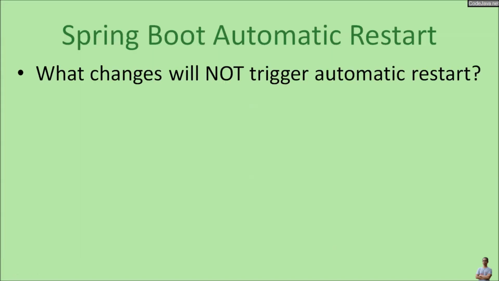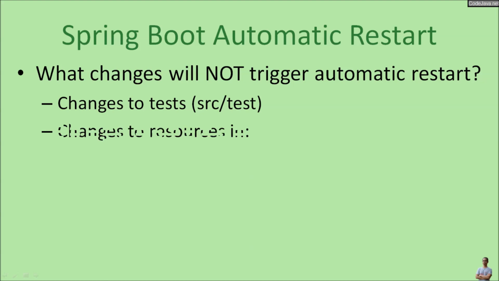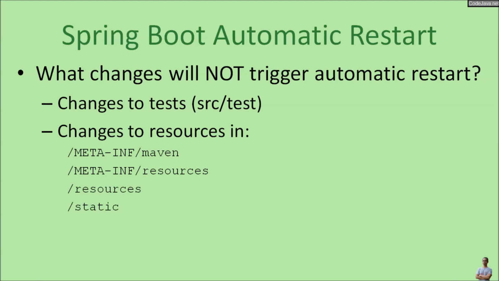So what changes will not trigger an automatic restart? Changes to test classes under the src/test directory, and changes to resources in the following paths will not trigger an automatic restart, but they do trigger browser refreshes.